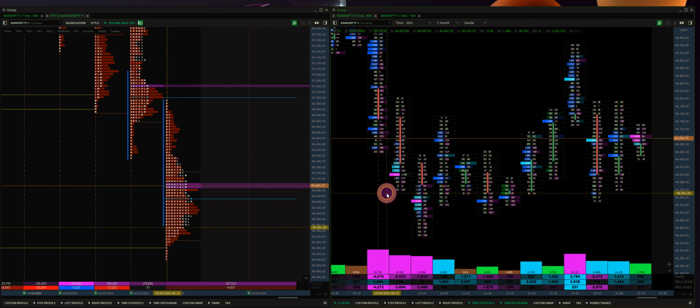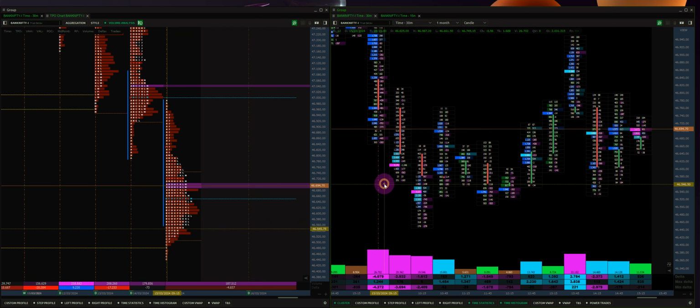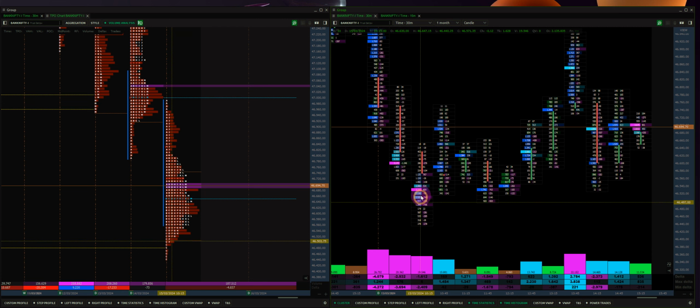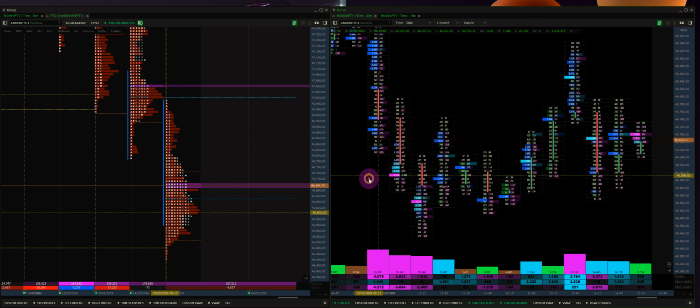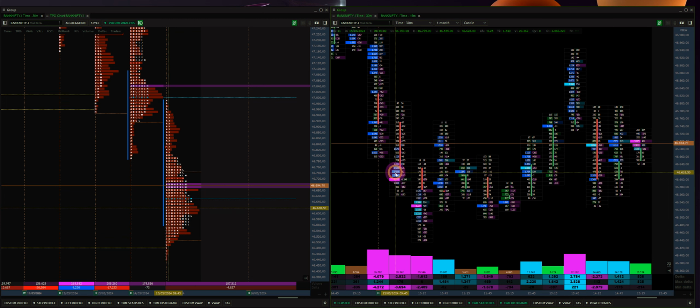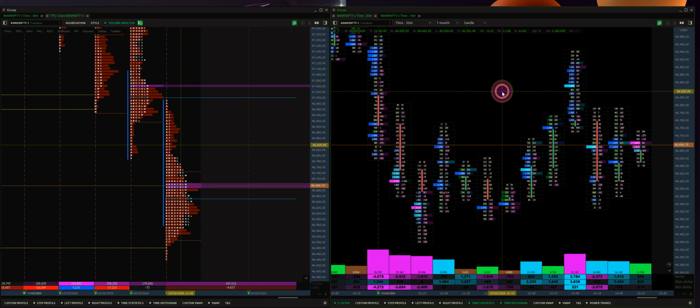What I have done is I've set up the color coding in accordance with the volume that has been taking place for the entire session. If you see, the cyan over here is second in number; the highest volume would be magenta, then cyan, and then blue, and this volume is plotted in accordance with the entire session's volume.